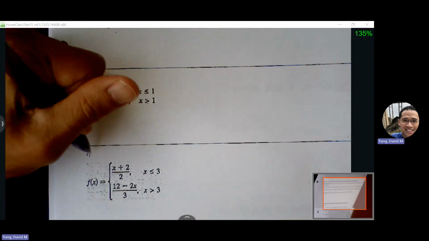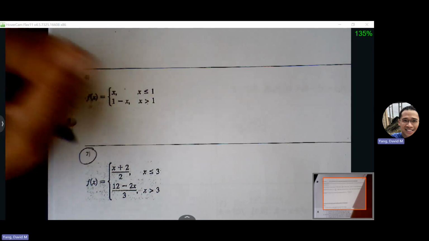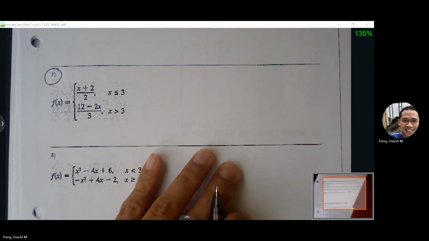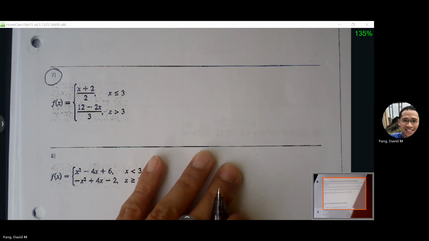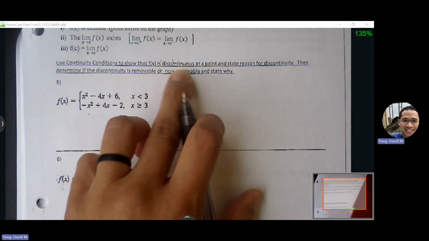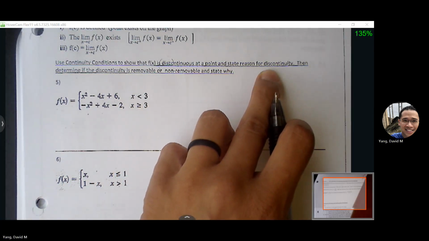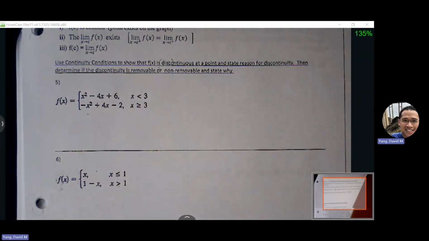So page 19, number 7. Direction says, use continuity conditions to show that the function is discontinuous at a point and state the reason for discontinuity, and then determine whether it's removable or non-removable.